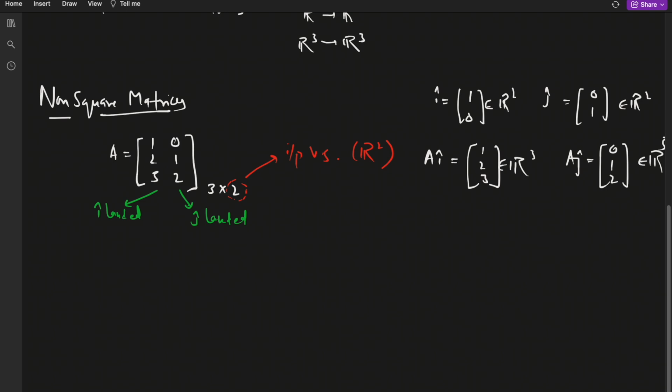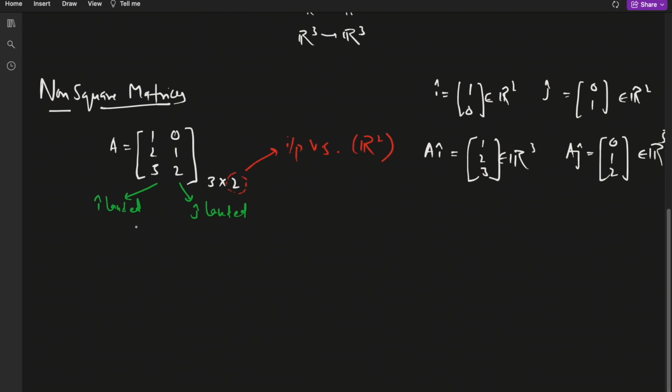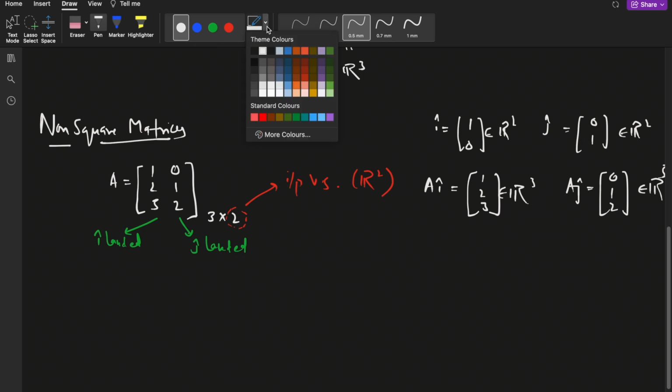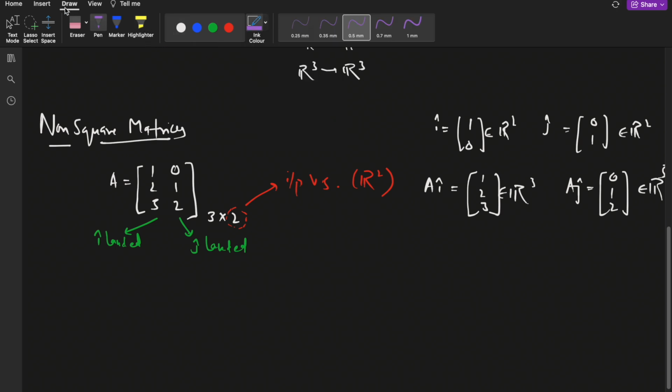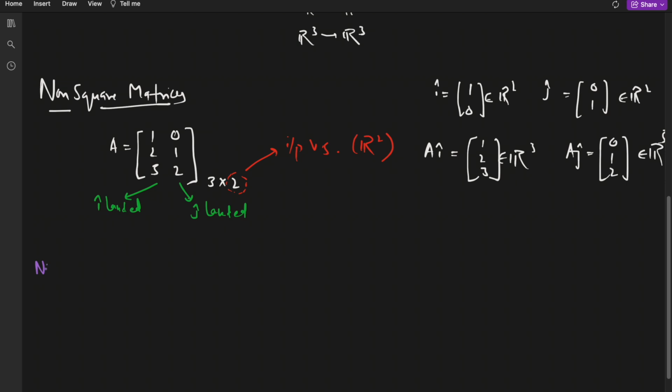So how is it possible? This is possible because non-square matrices transform vectors across the dimensions. This is very important: non-square matrices transform vectors across the dimensions.